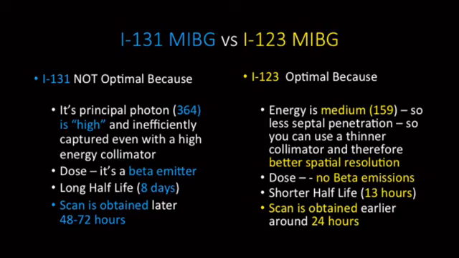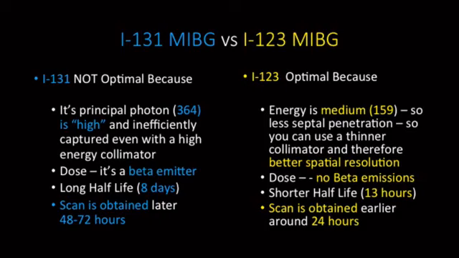In this case, MIBG is mimicking norepinephrine. And then you have a part that's tagged to it that you can image. So iodine 123 or iodine 131 are typically tagged to the MIBG, and that's the part that's giving up your gamma, so it lets you image it with the gamma camera.